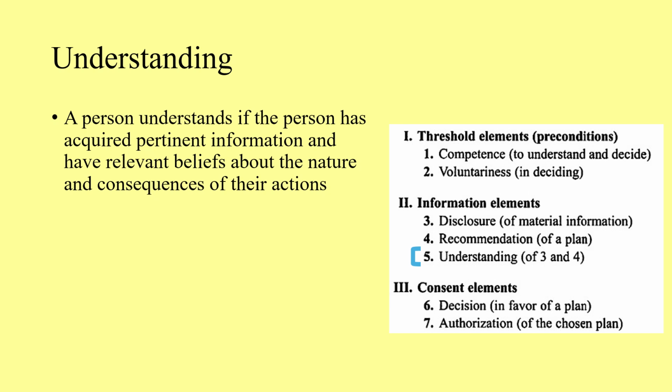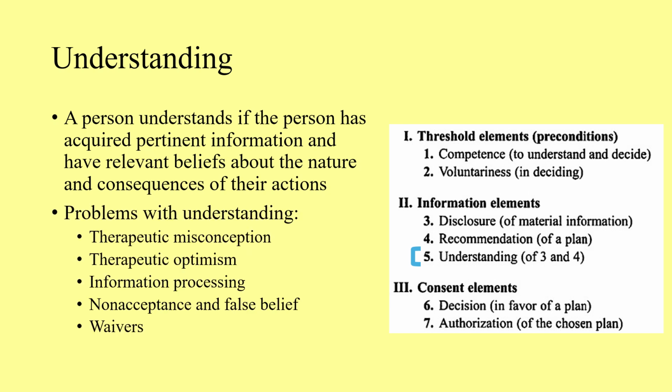So if they understand, that means we've satisfied the disclosure element here and we've provided this recommendation, and based on that information, patients have an understanding, and then they'll move on to authorize either the intervention or refuse it. But understanding is complicated by a number of different factors, and judging whether or not a patient actually understands the information is going to be quite difficult in most situations.